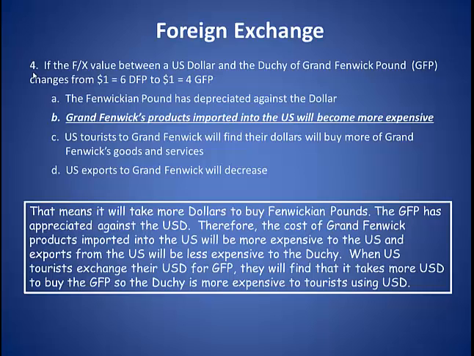That's because it's going to take more dollars to buy Fenwickian pounds, and the Grand Fenwick pound has appreciated against the U.S. dollar. Therefore, the cost of Grand Fenwick products imported into the U.S. will be more expensive, and conversely, exports from the U.S. are going to be less expensive when they're imported into the Duchy.